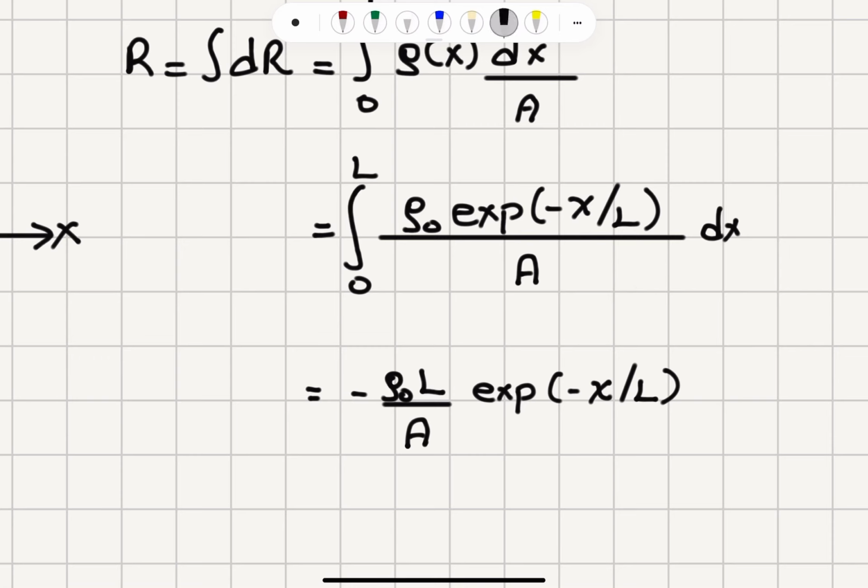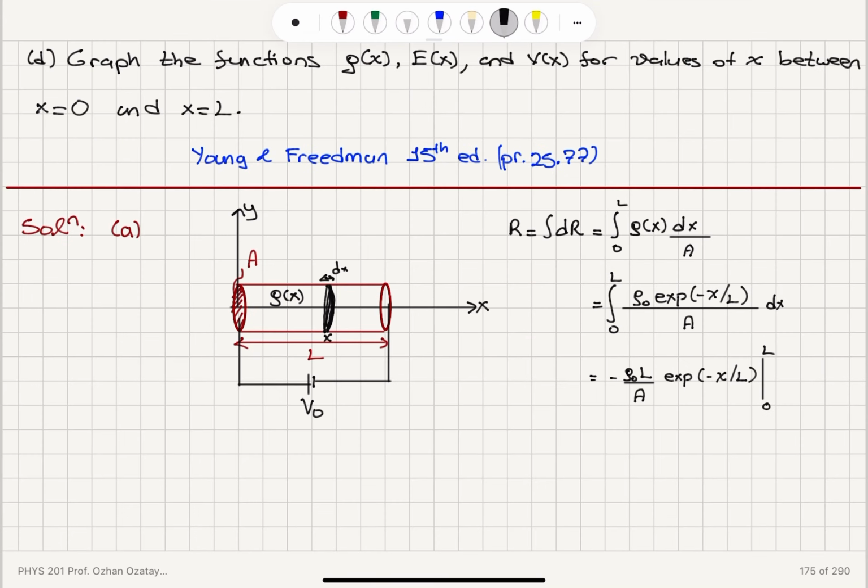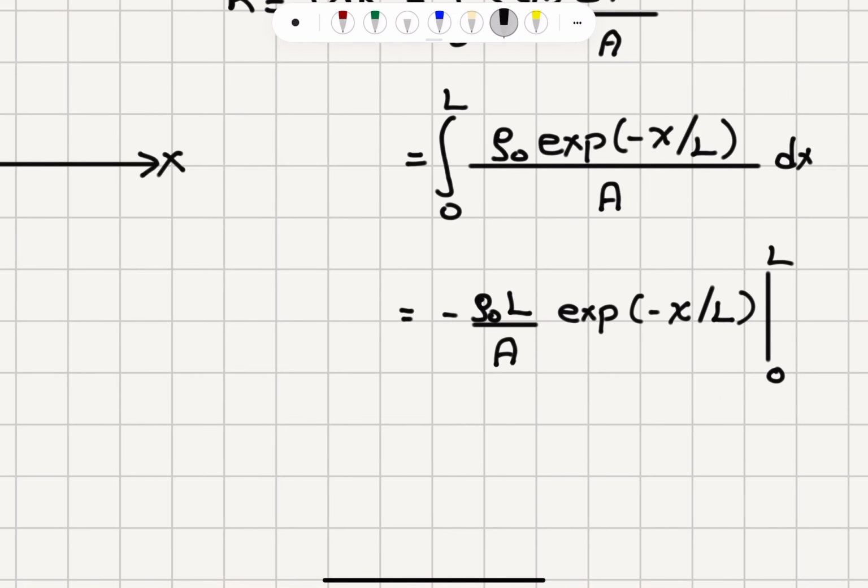So this will be evaluated between x equals 0 and x equals L. If I substitute the limits of the integration, this will give me minus rho 0 capital L divided by A. Now I have exponential. When I substitute for x equals L, it's going to be exponential minus 1, minus, when I substitute for x equals 0, exponential 0 is 1.